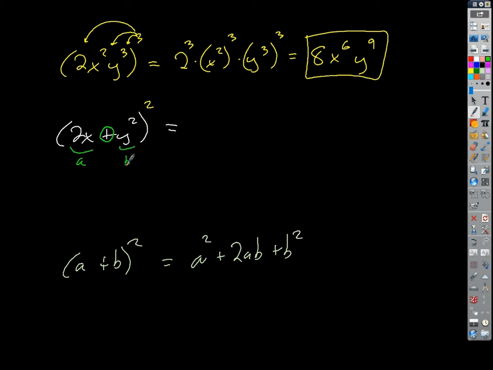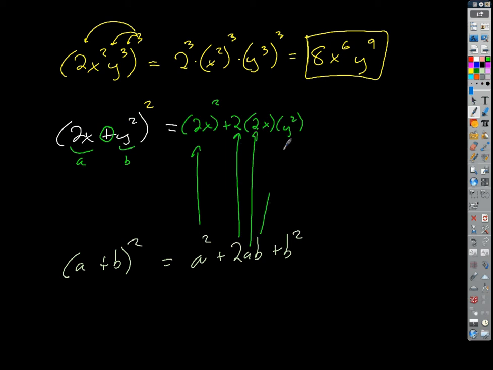So instead of a squared, we're going to get 2x squared, plus 2 times 2x times y squared, plus y squared squared. That's still pretty big, but we can do that. So what's the first term going to give me then?